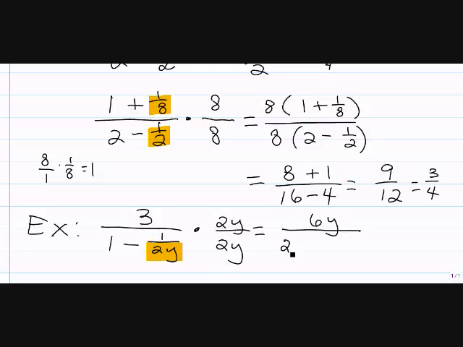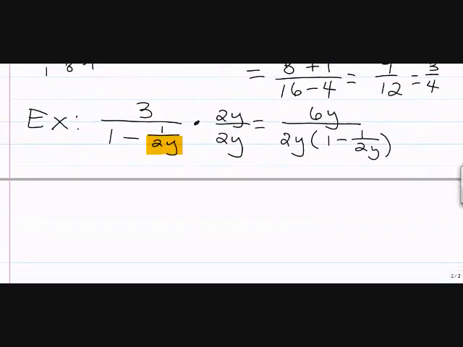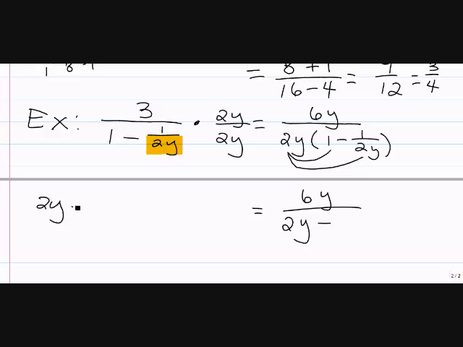Denominator, 2y times 1 minus 1 over 2y. Okay? Let me distribute. Numerator already done, 6y. 2y times 1 is 2y minus 2y times 1 over 2y.